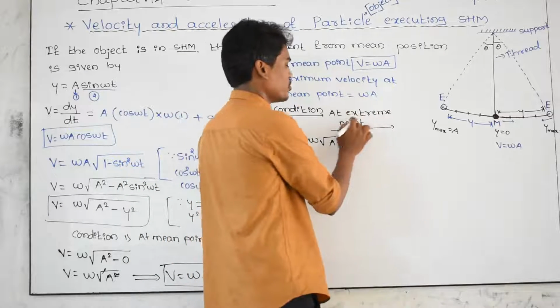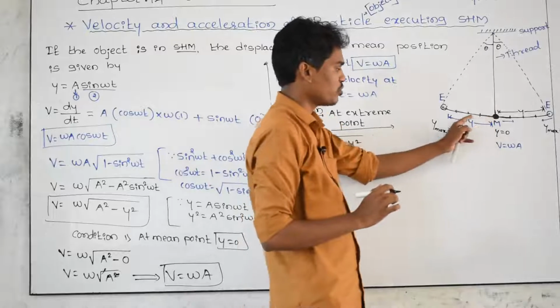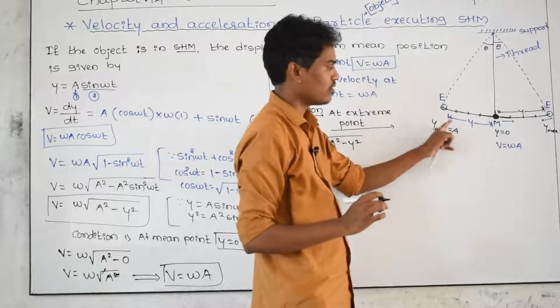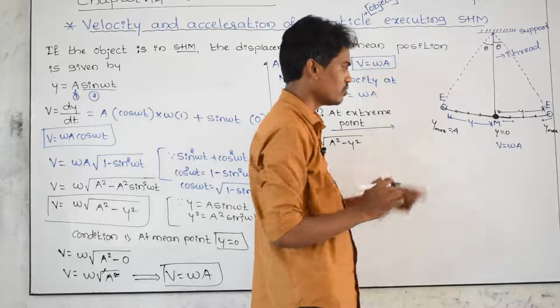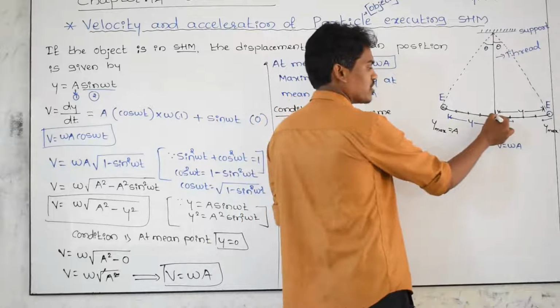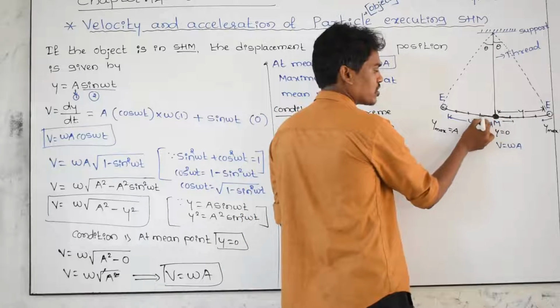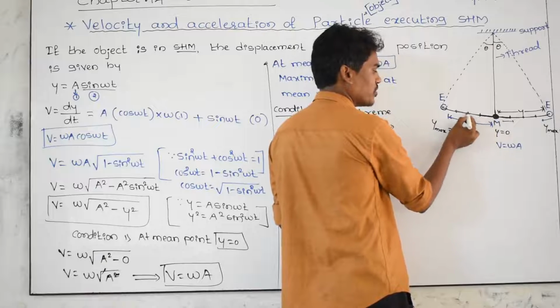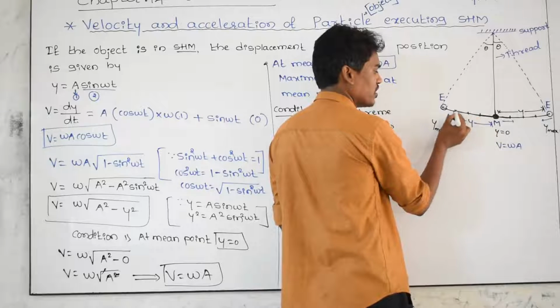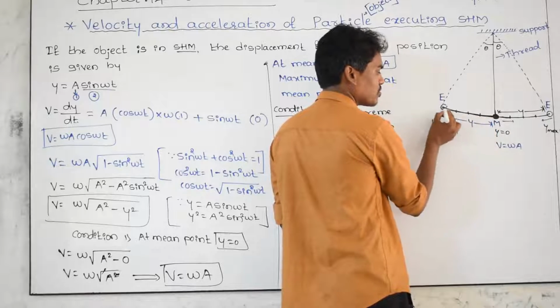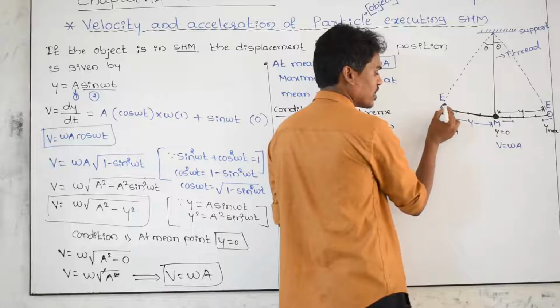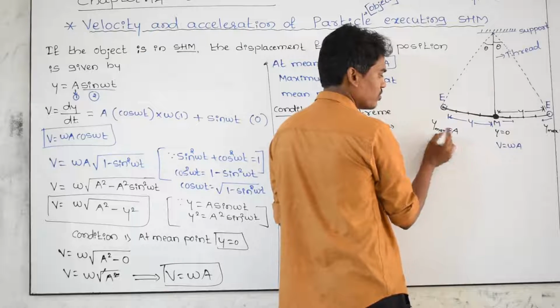At the extreme position, the displacement is not 0. If it is here, displacement is 0. If it is here, this is the displacement. And this maximum displacement is called amplitude.